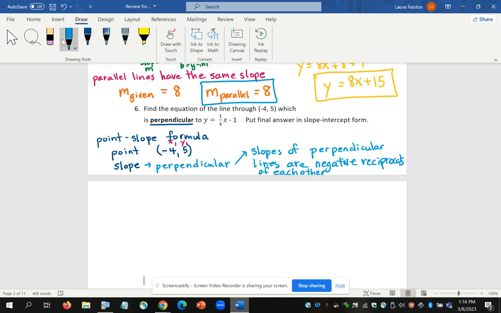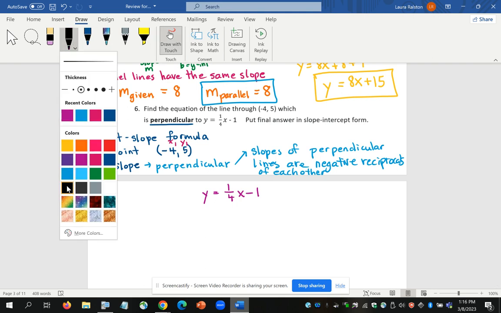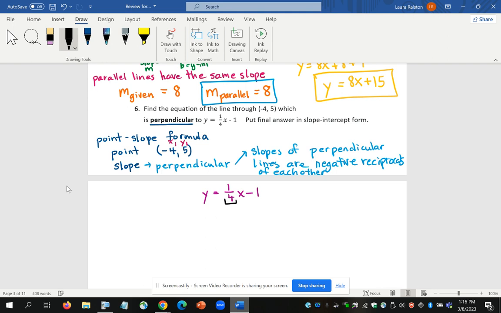So in this scenario, again, looking at the equation that we're given to start with, y equals 1/4 x minus 1, I know that the 1/4, the number in front of the x, is my slope, which is m, and the minus 1 is the y-intercept, which is b. So the slope of the given line is 1/4.